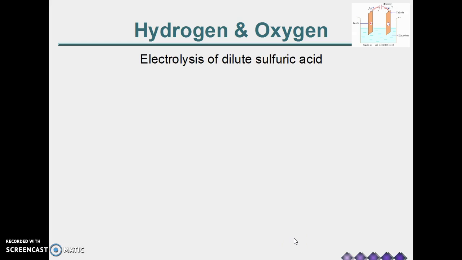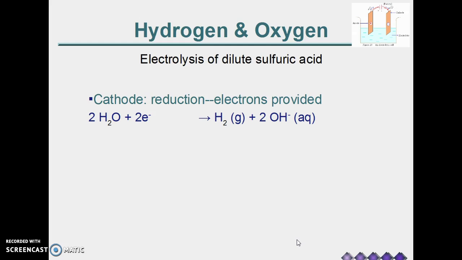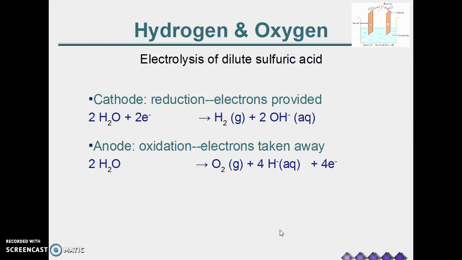Let's think about diluted sulfuric acid and electrolyzing it. Well, at the cathode, we're providing electrons for a reduction, and again, water is present, and we can produce hydrogen ions. At the anode, we have oxidation occurring, electrons are being taken away, and here we have no chloride available anymore, so we're going to be electrolyzing the water in the other direction, and we're going to get oxygen gas.